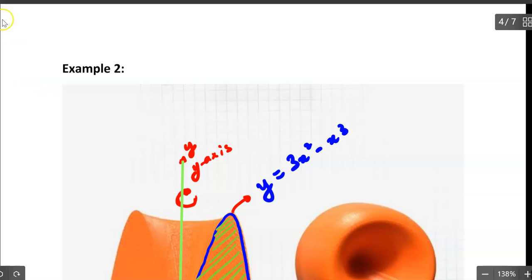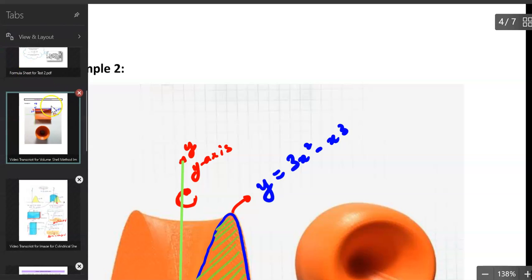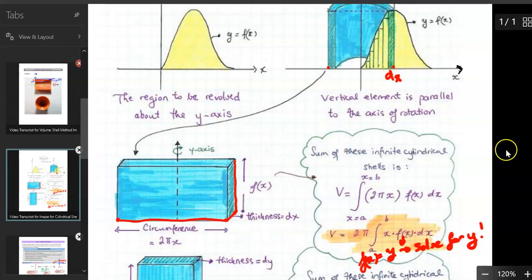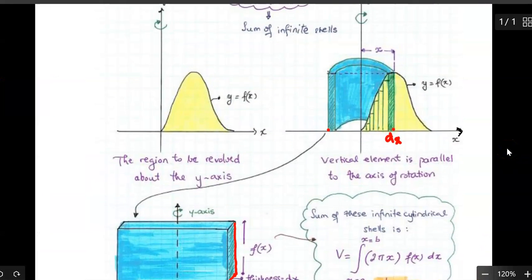Here, go back to our example. Let's talk about this. You see, this is the shape that I'm talking about. It's very close to the one that we have. And then we are moving all of the shell rotated about the y-axis to have that shape.